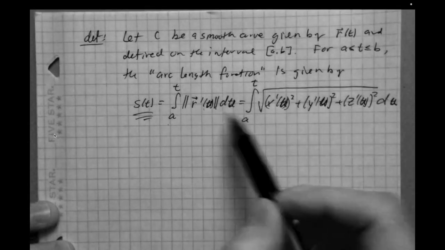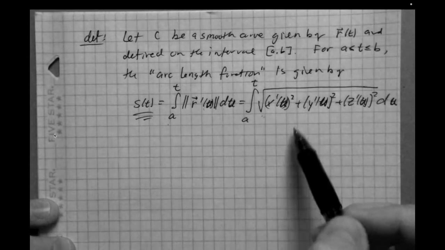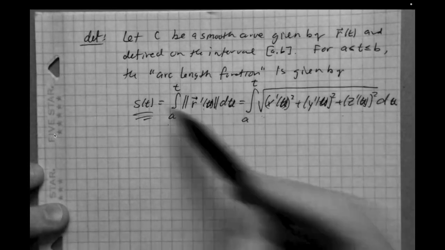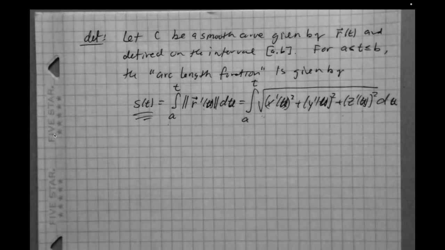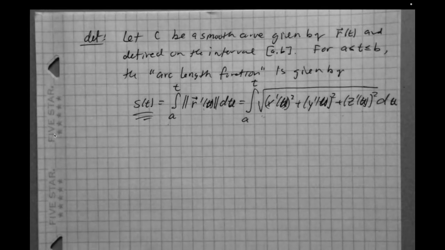Now, naturally, if your x, y, and z are real valued functions of u, and a is a real number and t is a variable, then this integral is going to result in a function. Okay, and that's why we say s is a function of t here.